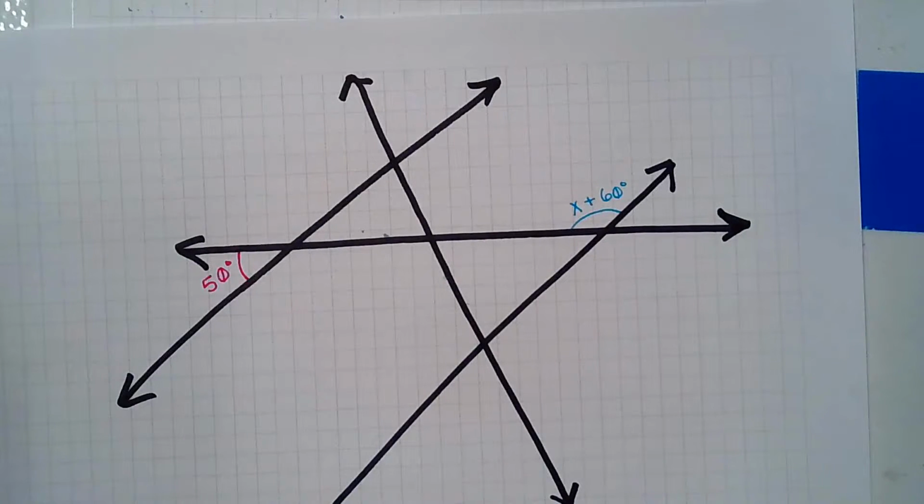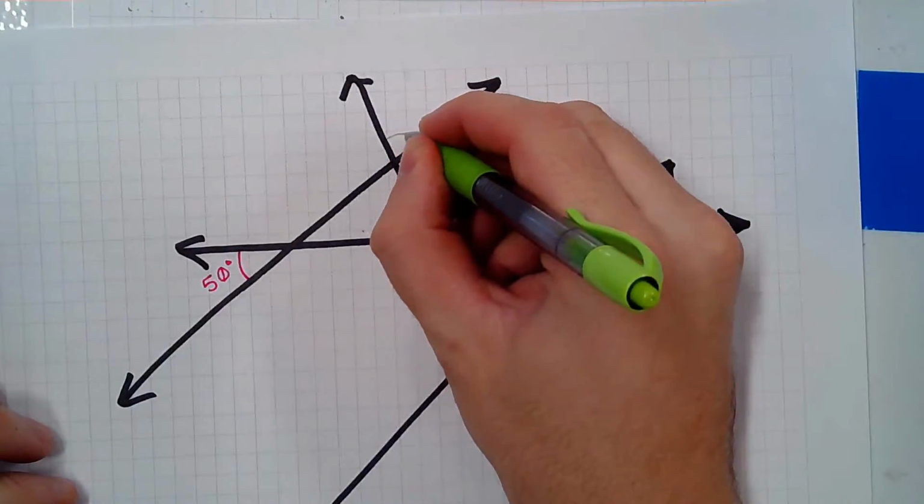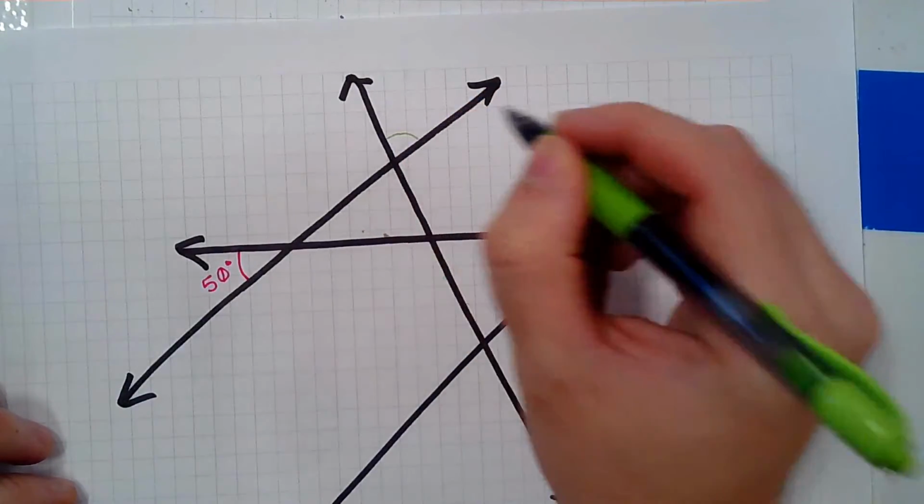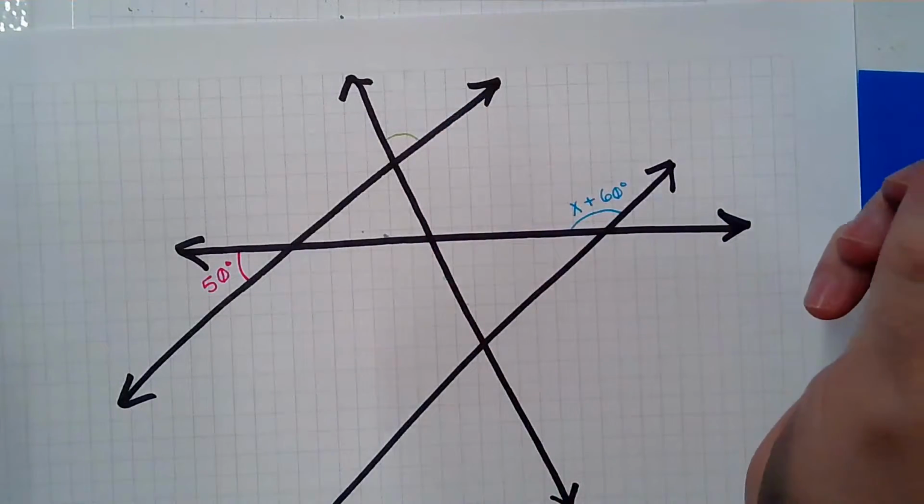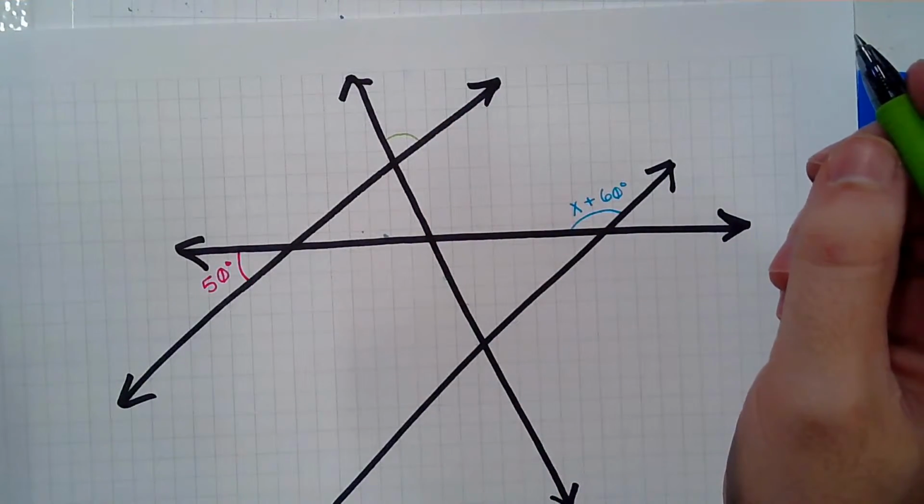What's that mean? X plus 60. So I'm supposed to find all these degrees. Yep, every single measure. I'm only going to give you a couple more to work with, okay? This is the homework? This is the homework. Okay, I got it.